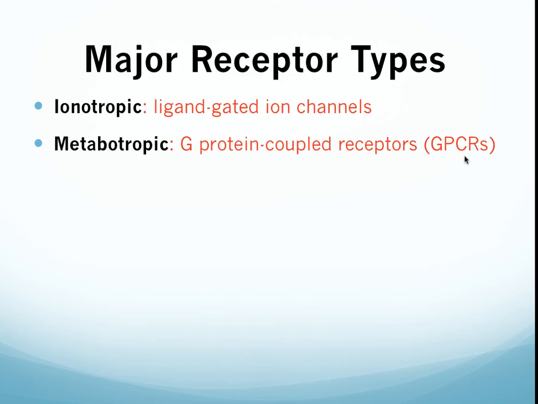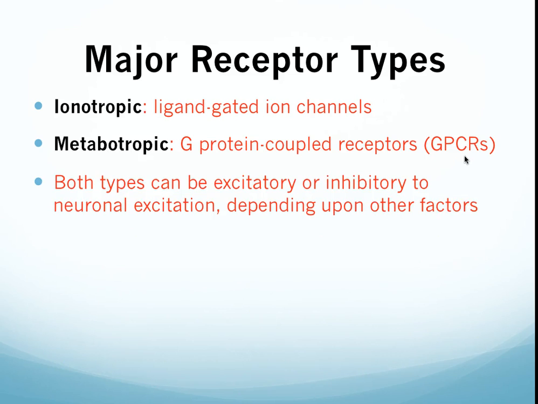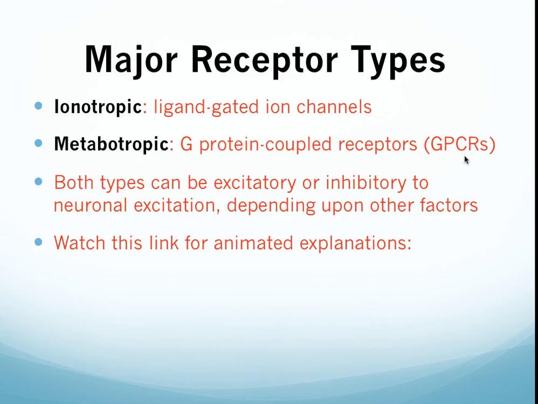And as you're going to see, one of the reasons for that is because activation of these receptors can initiate a series of very complicated and complex events that ultimately can lead to the activation of many different types of enzymes and proteins. So, both types of receptors, whether we're talking about ionotropic or metabotropic, can cause excitatory or inhibitory sorts of actions. It just depends. It depends on several factors. And this is something that you're going to see firsthand.